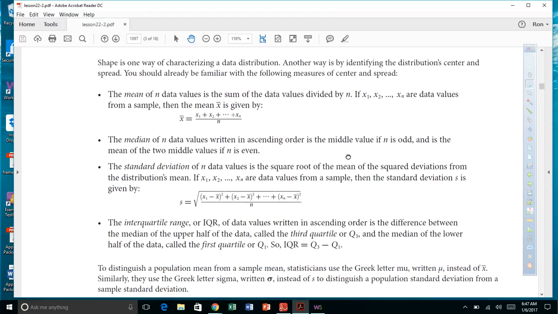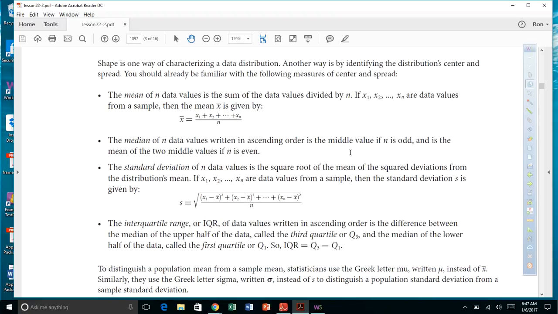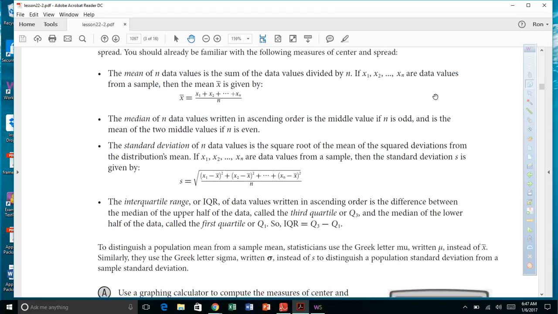Shape is one way of characterizing a data distribution. Another way is identifying the distribution's center and spread. You should already be familiar with the following measures of center and spread. The mean of n data values is the sum of the data values divided by n.